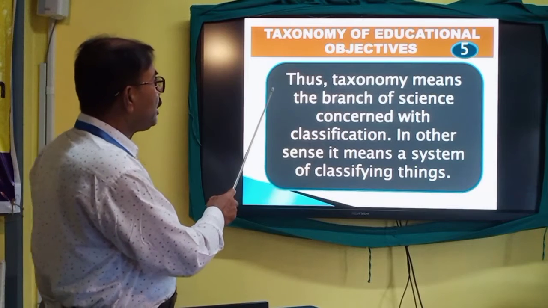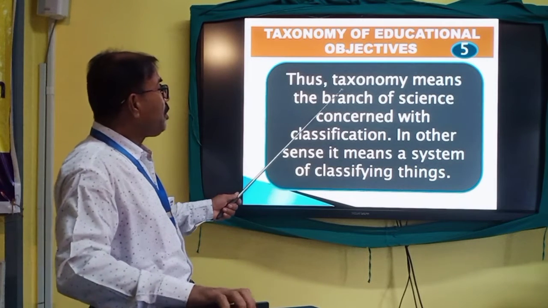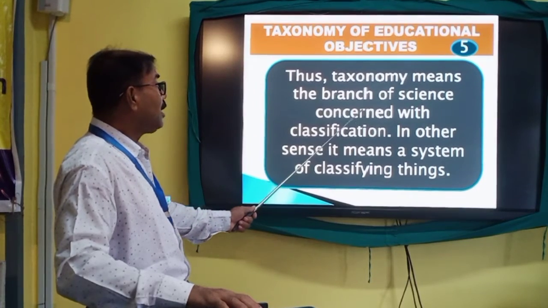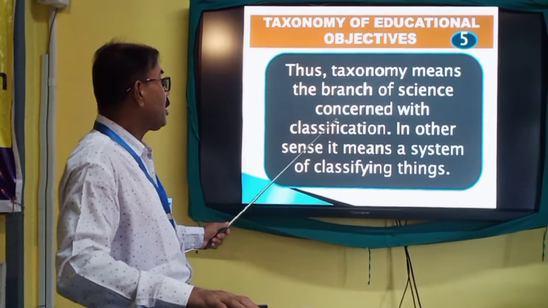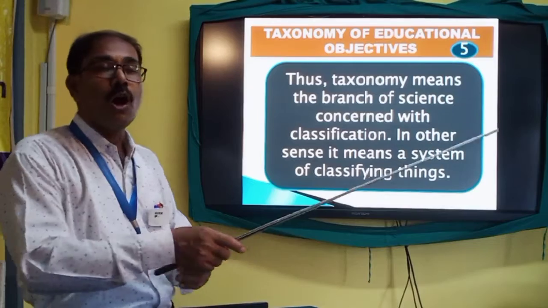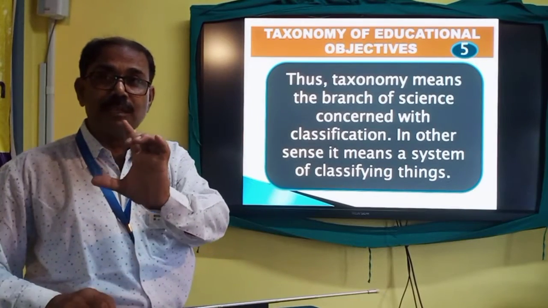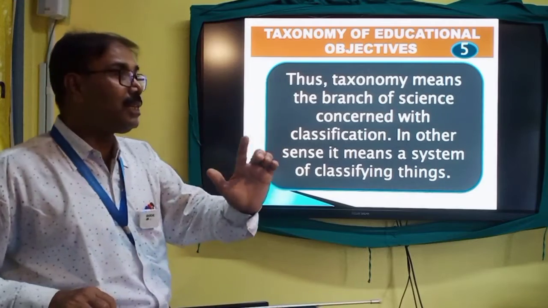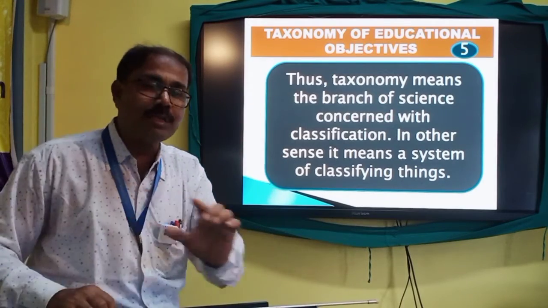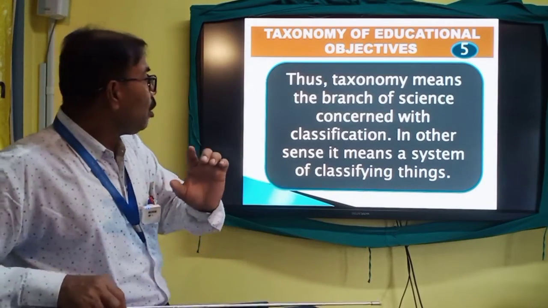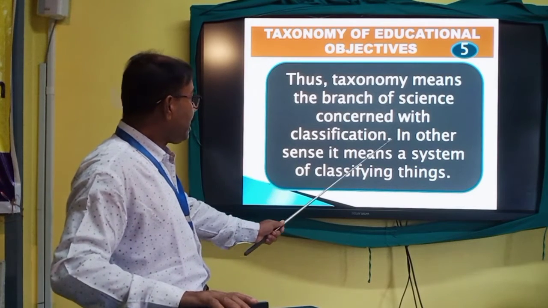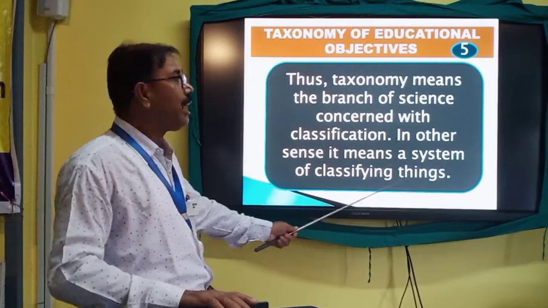Thus, taxonomy, friends, means the branch of science concerned with the classification of various objectives or materials in a methodological, lawful way. In other sense, it means a system of classifying things.